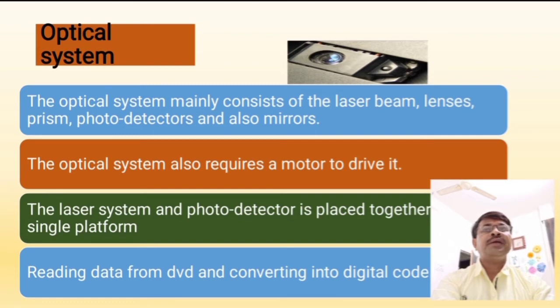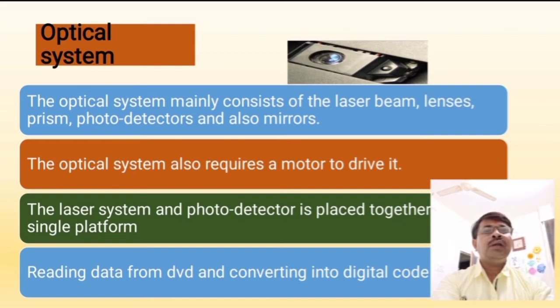Second part is lenses used for focusing and tracking the light beam. Third is photo detector arrays that are used to convert the reflected light beam from DVD into an electrical signal.